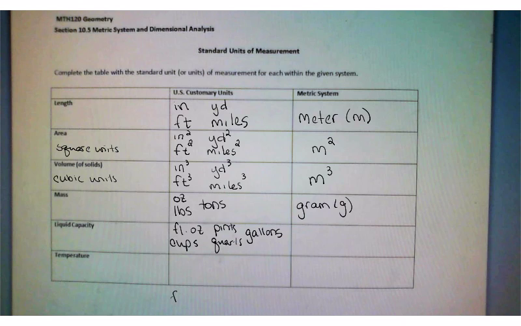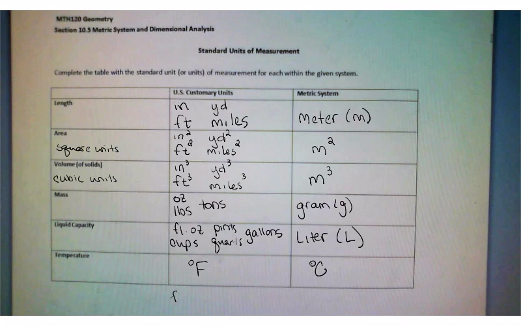So there's a number of standard units of measurement for liquid capacity in the US customary units. However, in the metric system, the standard unit of liquid capacity is the liter. Again, if you're thinking there's milliliters, kiloliters, things like that, they're all based on that standard unit of a liter. Finally, temperature. In the US customary system, we measure in Fahrenheit, and in the metric system, it's measured in Celsius.